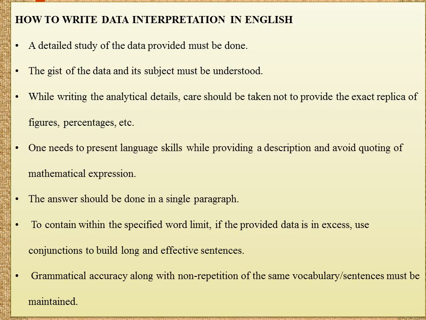The gist of the data and subject should be clearly explained, and it should be clearly understood by the person who is reading this. An analytical paragraph is a replica of figures and percentages, a representation of your graph, your keywords, your bar graphs, or any figure that you want to represent.